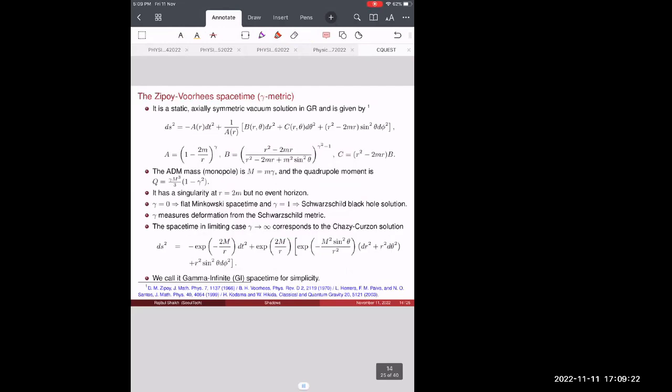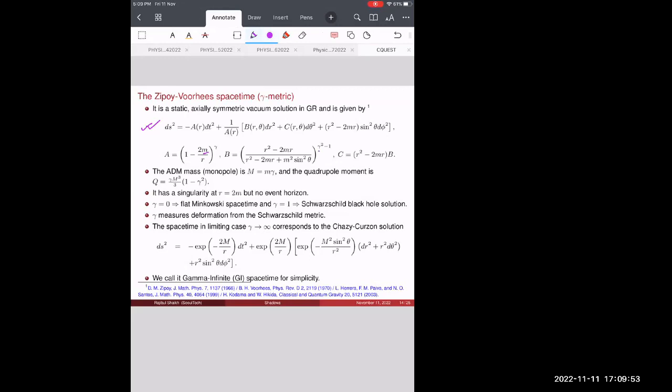The next black hole mimicker we consider is the Zipoy-Voorhees space-time. It is a static, meaning non-rotating, and axially symmetric vacuum solution of general relativity, properly known as the gamma metric, and the space-time geometry is given by this. This space-time has two parameters, m and gamma.